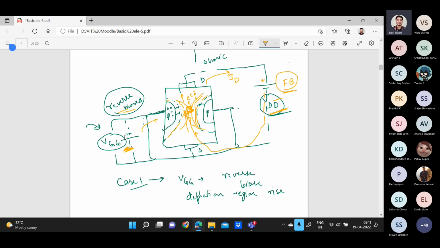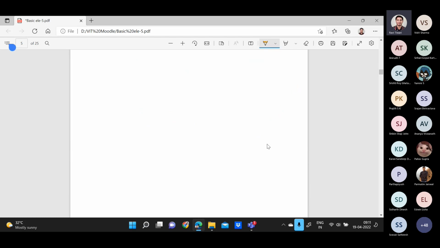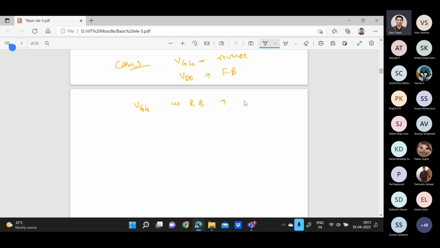Okay. So because of this gate terminal voltage, you can restrict the flow, or you can even provide the energy for the electrons to flow. If it is reverse bias, that means you are restricting the flow, and this process where your VGG or VGS is negative or reverse biased is called the depletion mode.